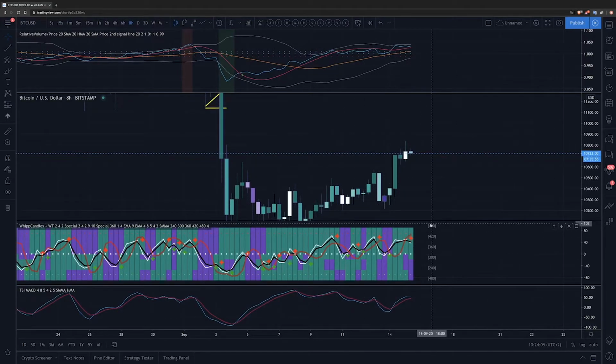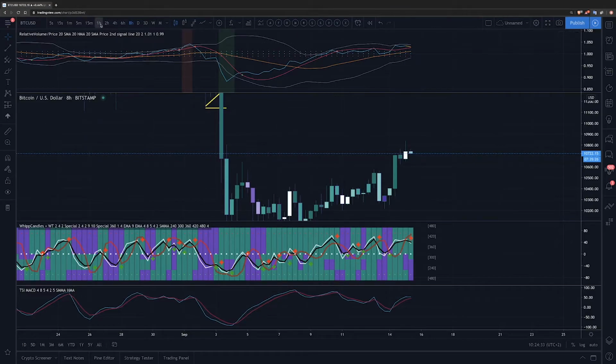If we go to the 15th, in between there we can see that the white is above the black, so the 8 hour should be green. And then here we have the white coming under the black, so when this prints, the 480 should technically be purple.